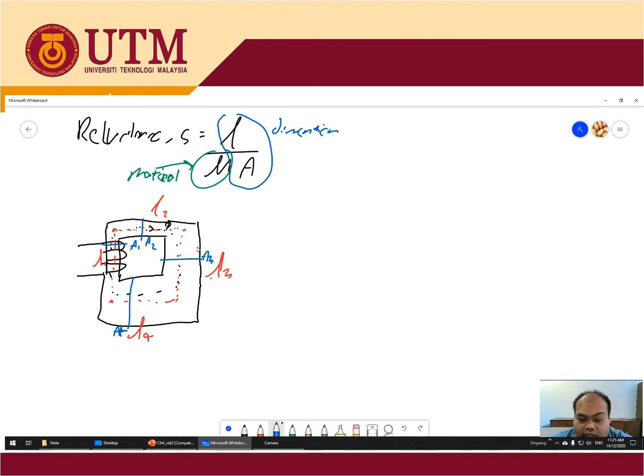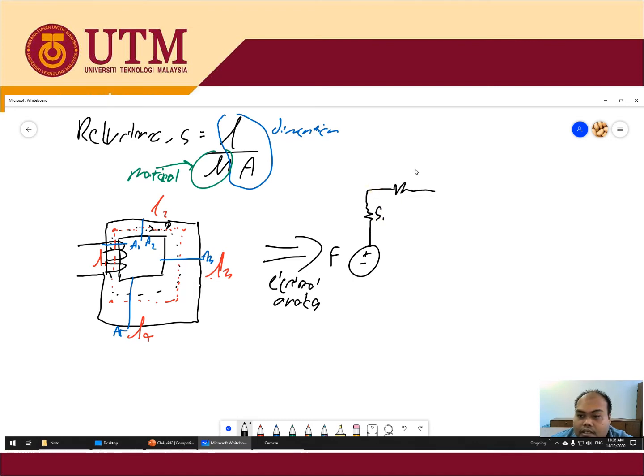Remember, this is a series circuit. It's the same as resistors in series, you just add them. So the total reluctance is just equal to the sum. If you redraw this into an electrical analog, you have a source, the winding, F, then you have a resistor for A1, S1, representing L1 and S1.